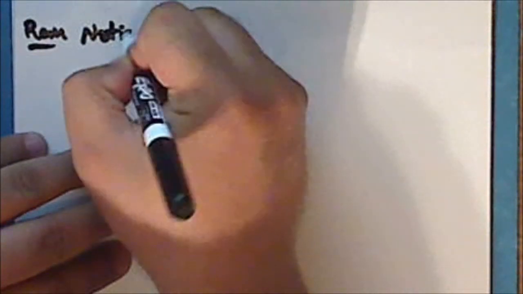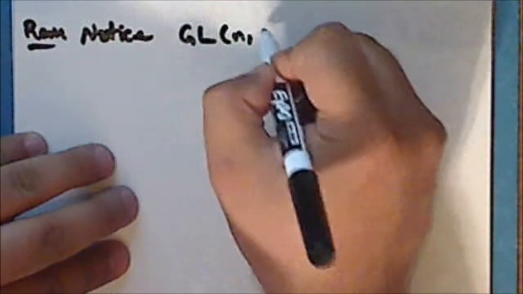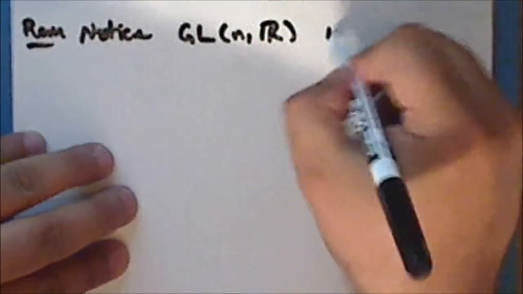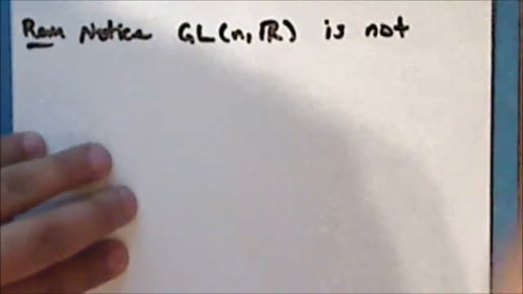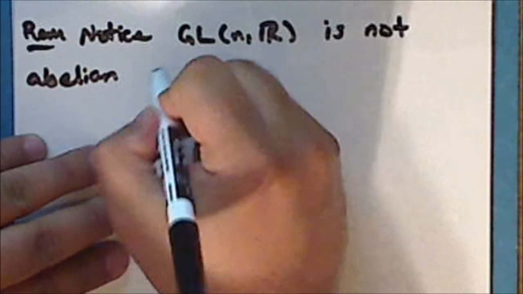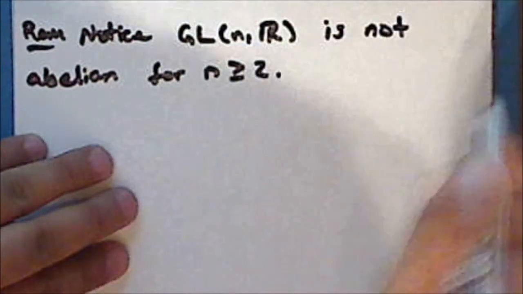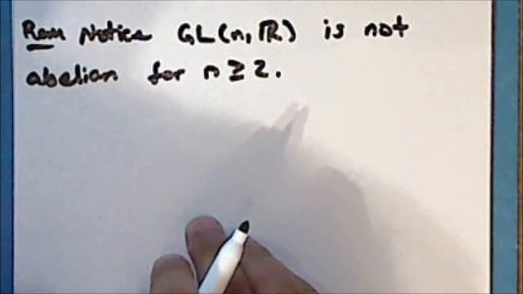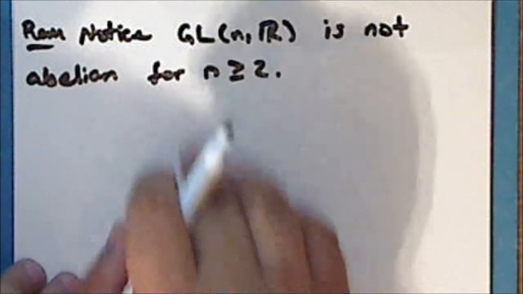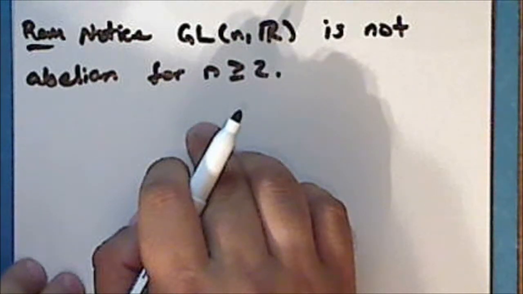So notice that the general linear group of degree n is not abelian for n greater than or equal to 2. In the case n equals 1, we have the degenerate 1 by 1 matrices that are invertible.